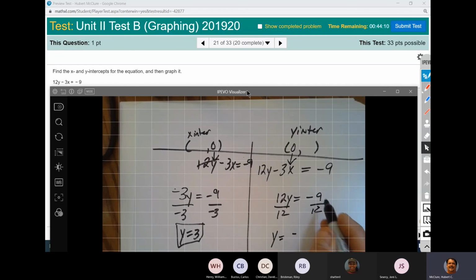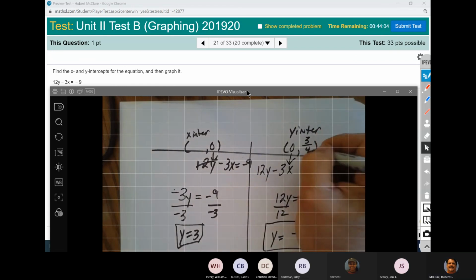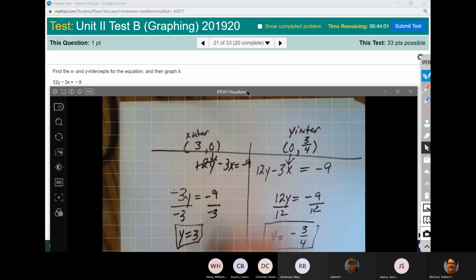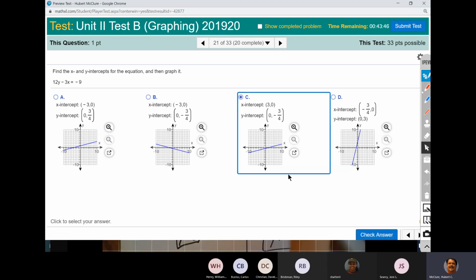And 9 divided by 12 is 3/4. So you're looking for 3/4 and 0, and negative 3/4, excuse me. I believe it's that one.